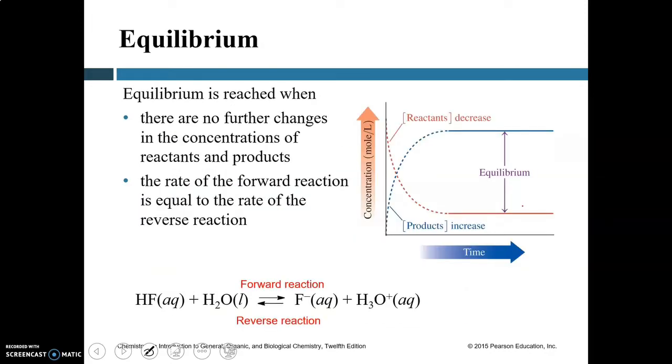So when is equilibrium reached? Equilibrium is reached when there are no further changes in the concentrations of reactants and products. And at equilibrium, the rate of the forward reaction and the rate of the reverse reaction are equal.